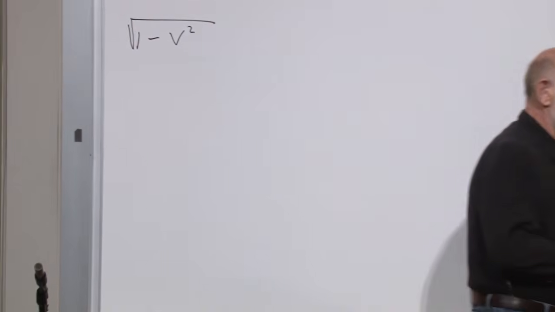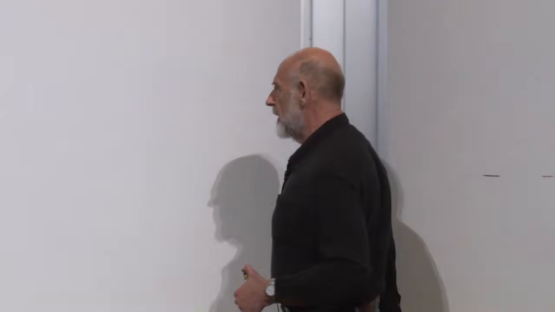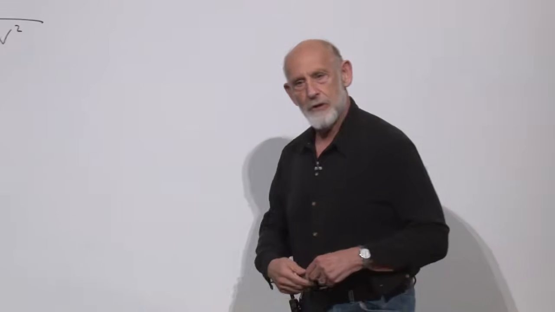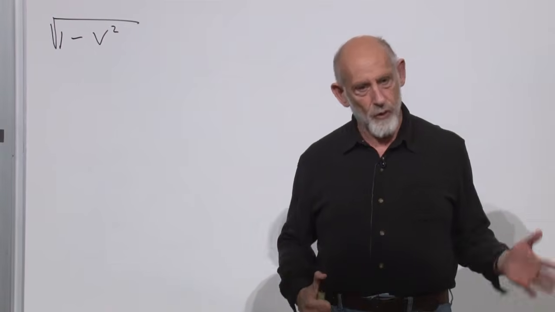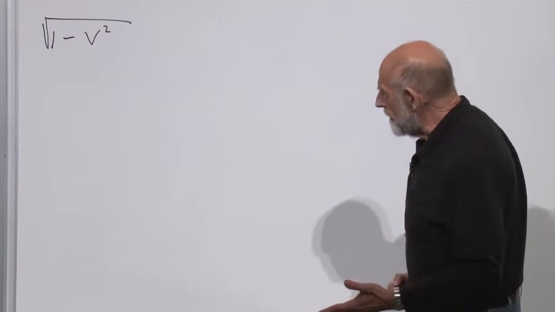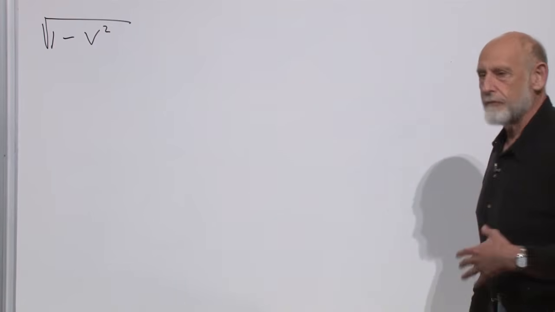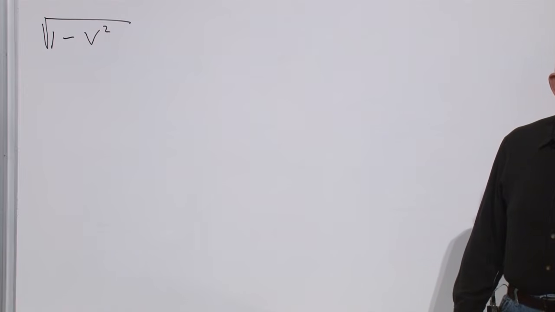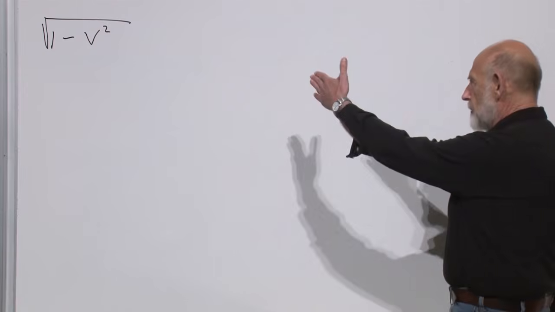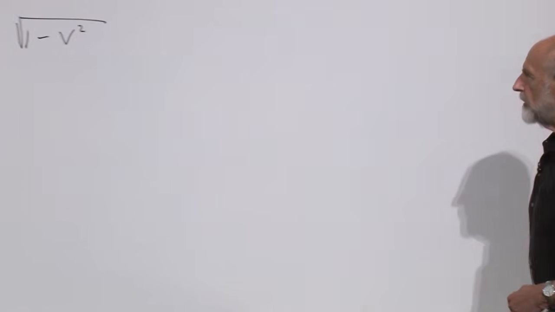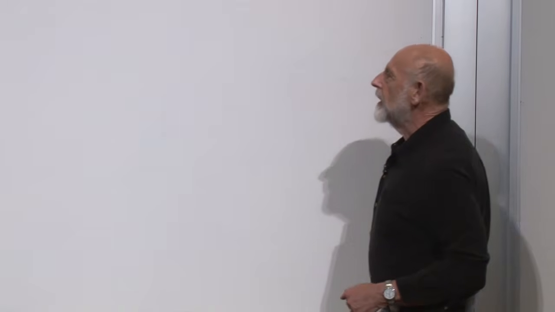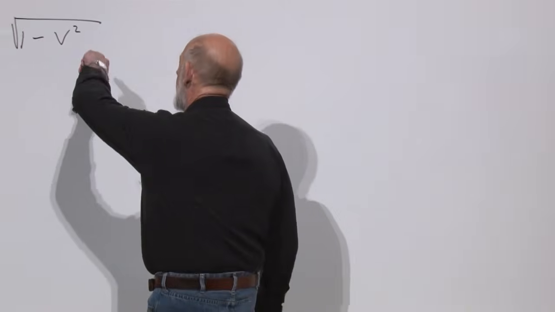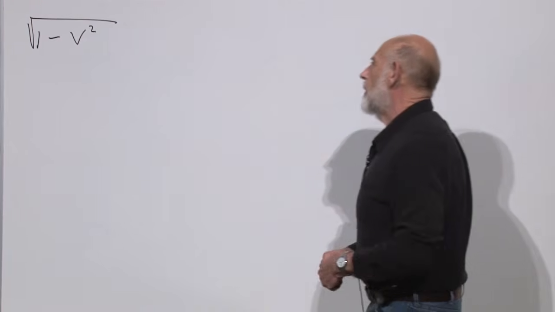It really means square root of 1 minus v squared over c squared. If we measure the velocity in units of the speed of light, then it's just 1 minus v squared. But we remember that v represents a fraction of the speed of light of the object which is moving with velocity v. So typically it's very small. And we just want to write down how we approximate this for small velocities, in particular how we approximate it to order velocity squared.